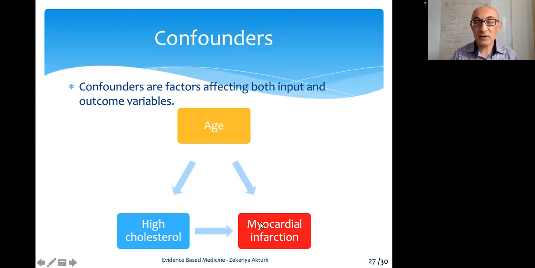Age is increasing the risk of myocardial infarction, but age is also increasing the risk of high cholesterol. So in this case, age should be eliminated as a confounder or should be controlled for. Either all the participants should have a similar age, or the high cholesterol and low cholesterol groups should be comparatively similar.